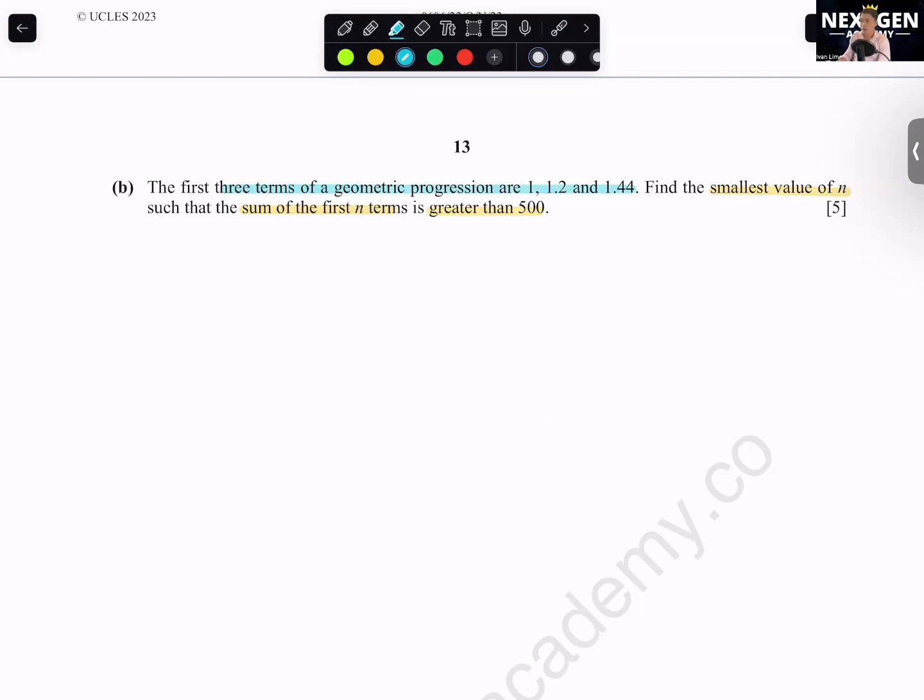We need to find what the values are first. We write down the formula. Your nth term is ar to the power of n minus 1. Then the sum is a(1 minus r to the power of n) over 1 minus r. Write this down somewhere first.